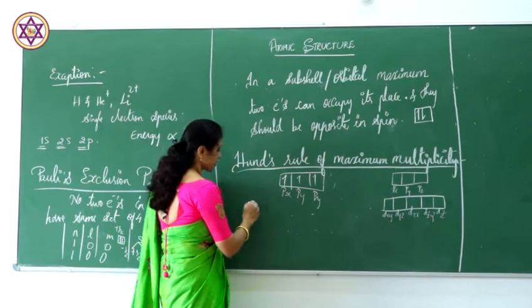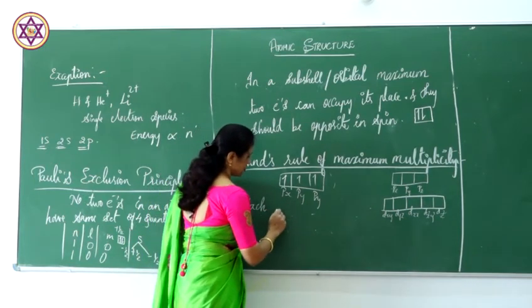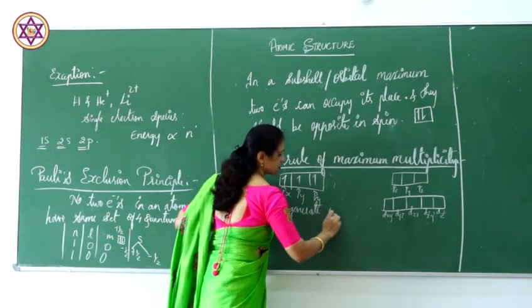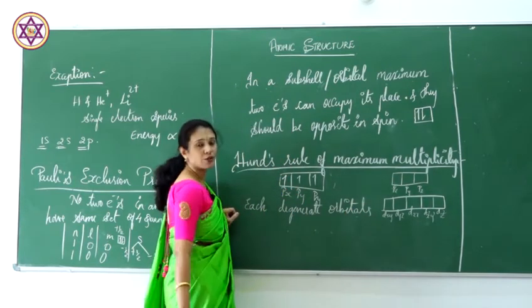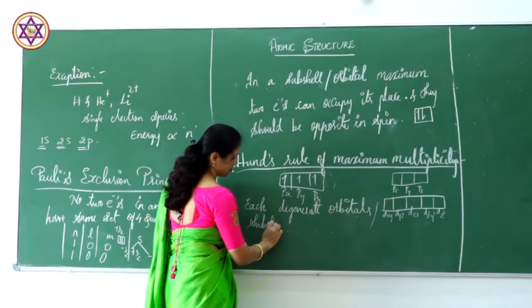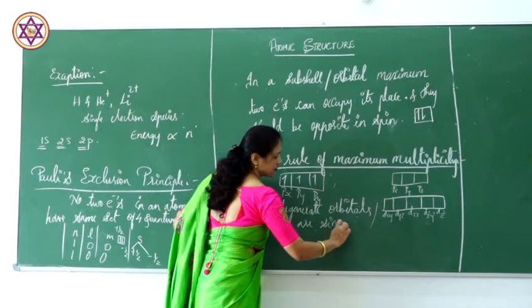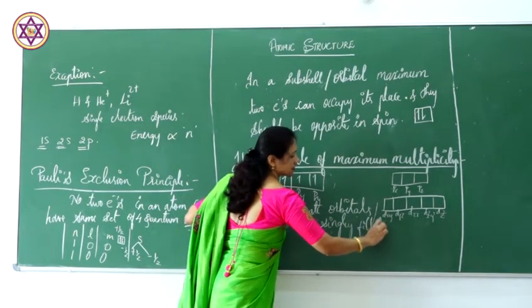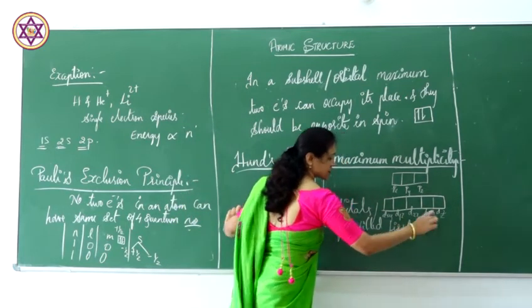That is, each degenerate orbital, or you can say each subshell, is singly filled first. They should be singly filled first.